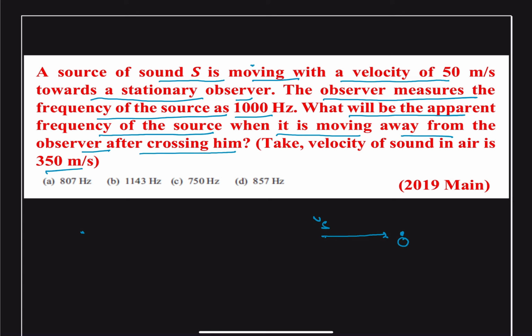And this observer hears the frequency of the source as 1000 Hz. And in the second part, the same source of sound is moving away from the observer, and we are going to find out what will be its apparent frequency when it is moving away from the observer. Okay. So we start with the first part, when the source is moving towards the observer.